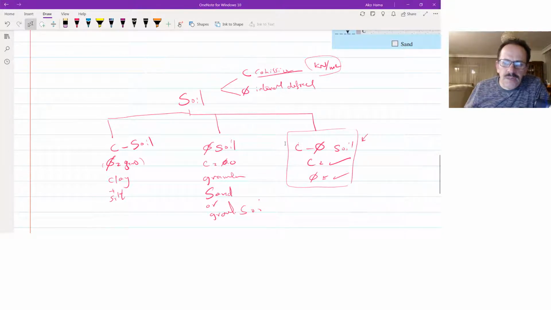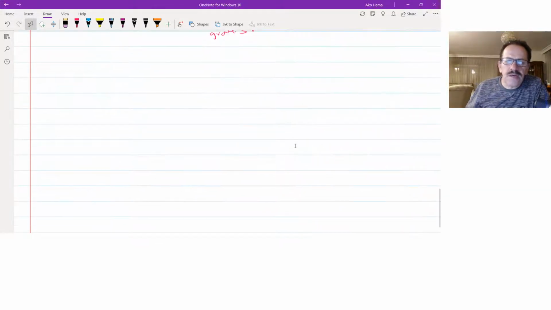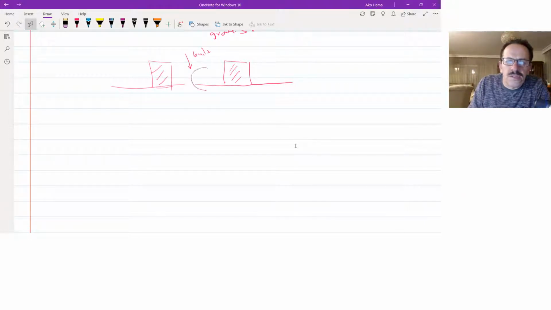Now what if I have a soil like this? For example, I have a building here and a building here, and you want to build a structure here. What should we do?